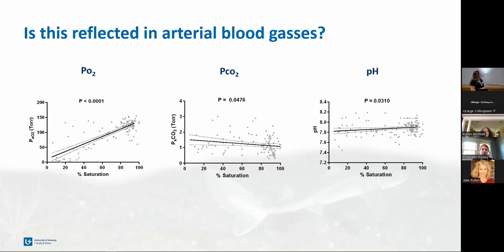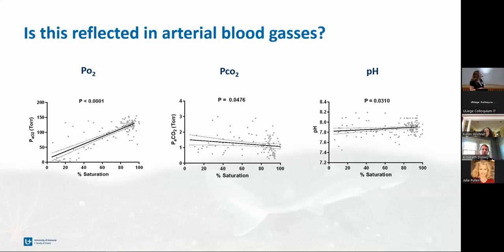Although I must say that it's slower than you would expect if it was a 1-to-1 ratio. So they are regulating a bit and they keep up their blood oxygen level longer than if they would just follow the concentration in water.